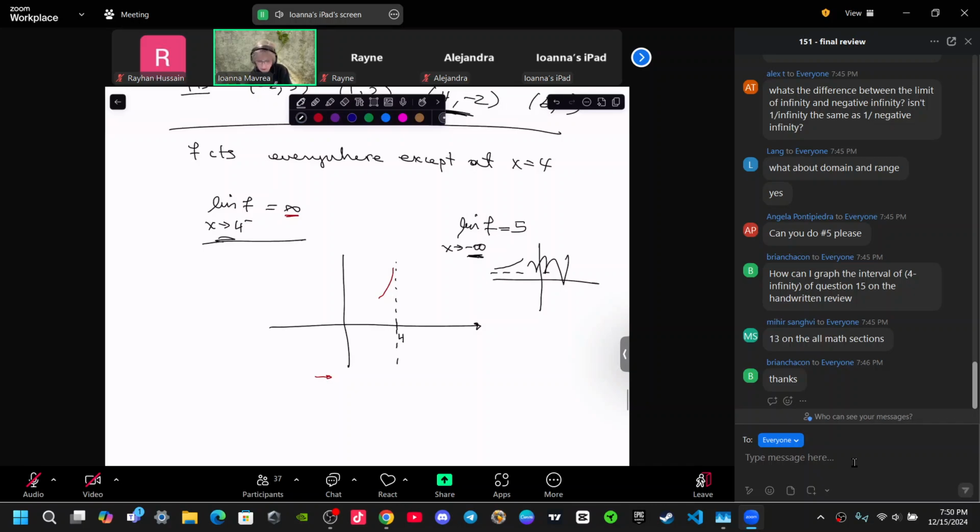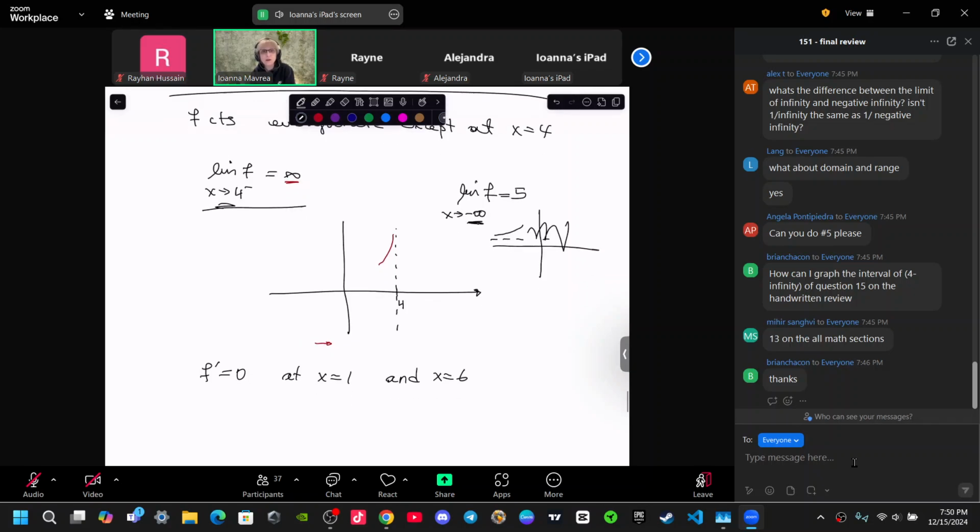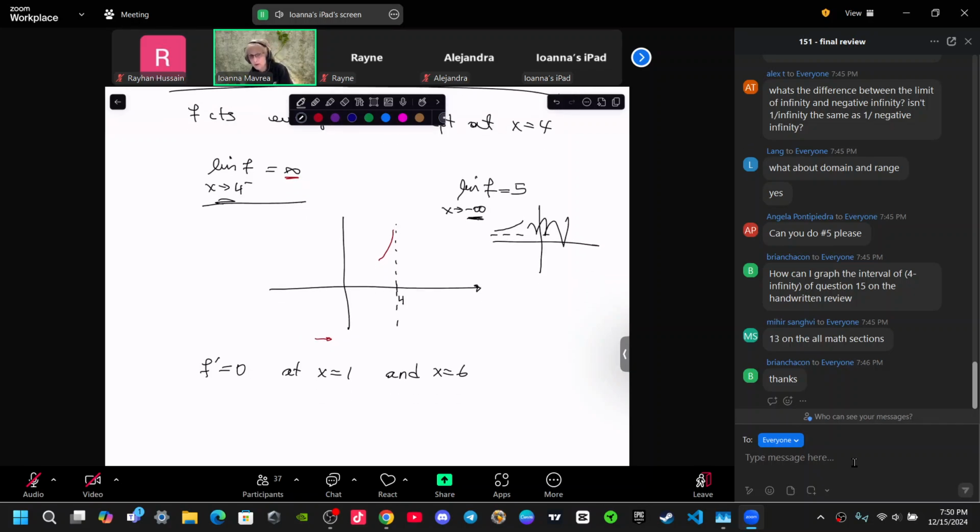Okay. Somehow I'm going to bring all these things together. It also says that the derivative is equal to 0 at x equal 1 and x equal 6. It doesn't say it's not 0 anywhere else. It's 0 there. The derivative is the slope. So derivative 0 could be because the graph does this, or this, or this, and still kind of flattens out.